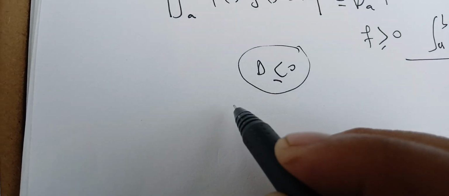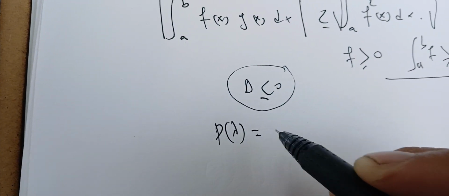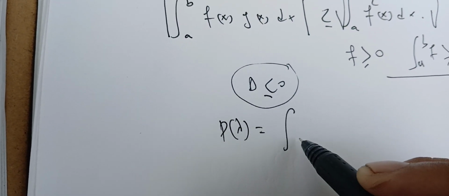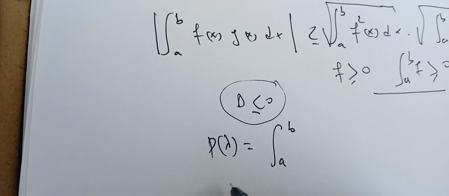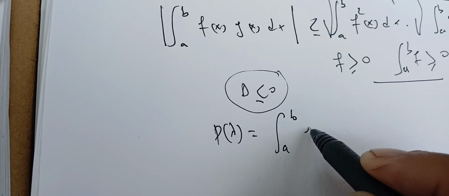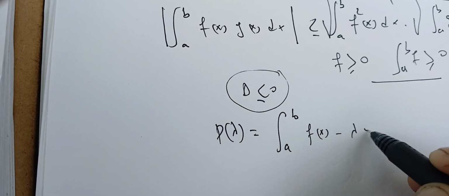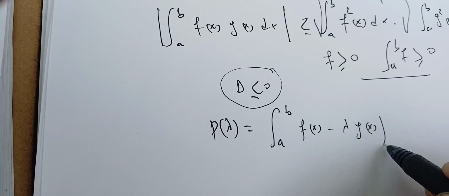Let's define a polynomial p of lambda as the integral between a and b of (f of x minus lambda g of x) squared.